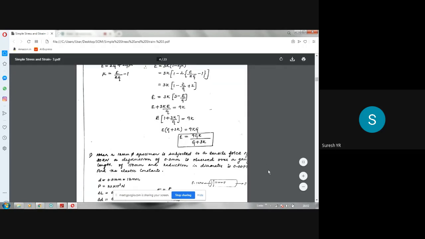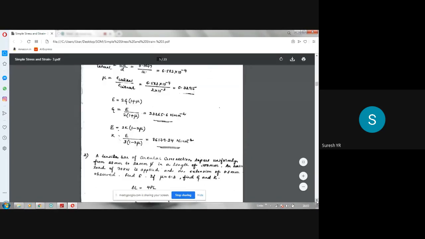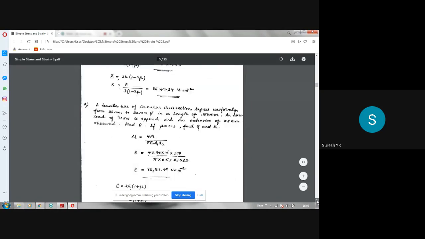Then we did some problems of finding elastic constants, different types of problems, given different data, how to find the elastic constants.